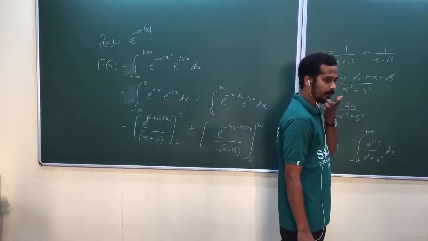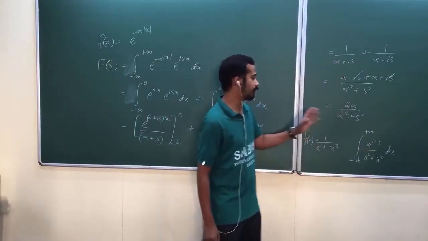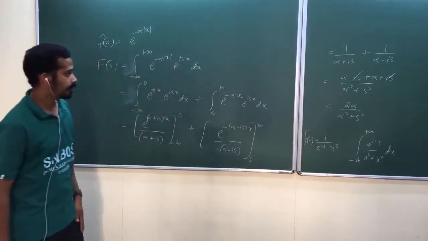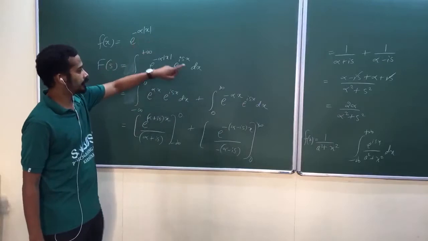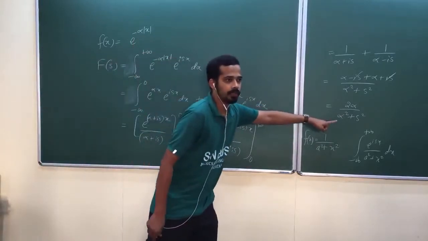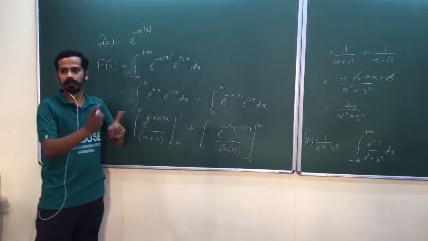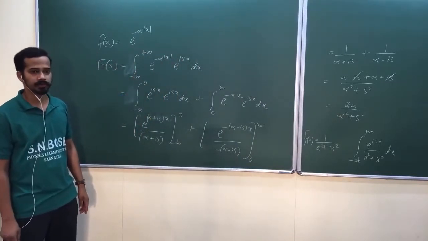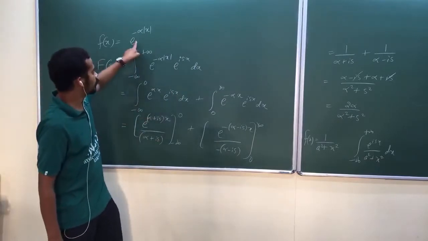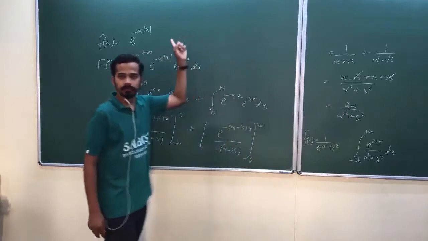But remember, if you do the Fourier transform of this one, look at here. The Fourier transform of e power minus alpha mod x is this one. Am I right? So the Fourier transform of this one will be this one.